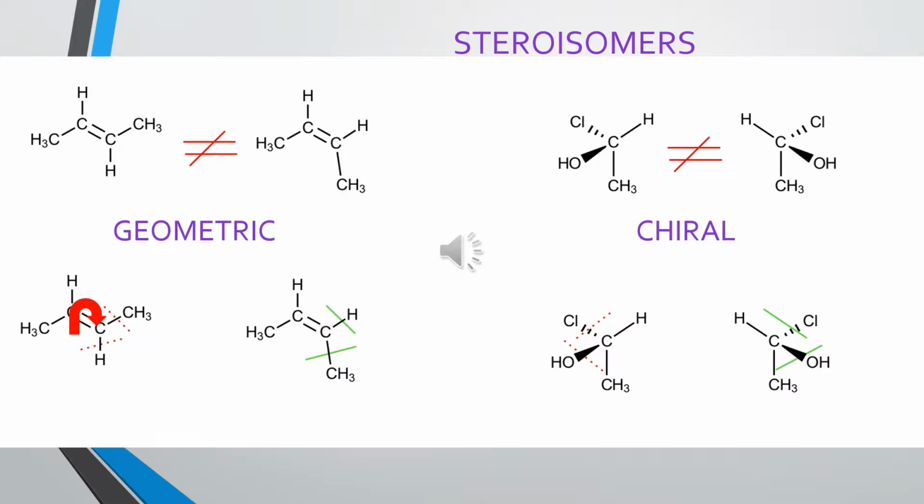This is the alkene, not the alkane. Alkene being the carbon-carbon double bond. And because there's restricted rotation about the carbon-carbon double bond, and that's essential, because there's restricted rotation, you can figure out for yourself why there's restricted rotation about a carbon-carbon double bond and not a carbon-carbon single bond.